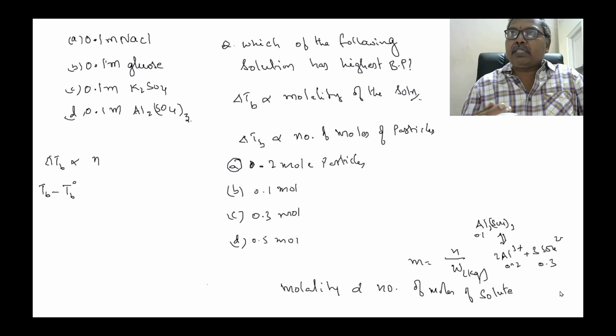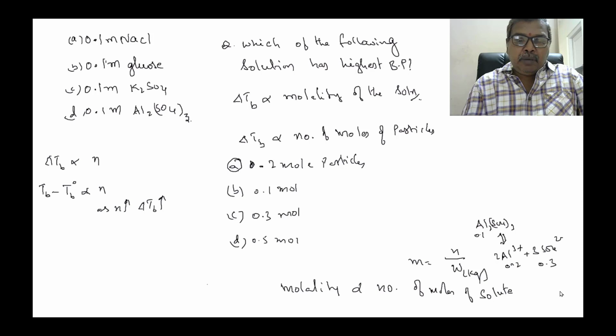That is called elevation in boiling point. So that is proportional to n. Now, as n increases, delta TB increases.